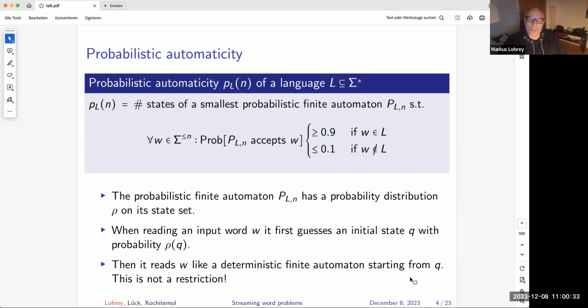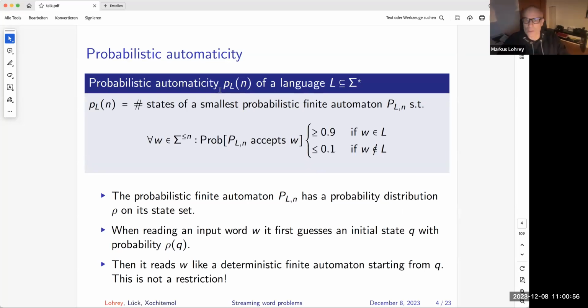And this is not a restriction. Usually, the definition of probabilistic automata allows them to also make random choices during reading the input. But we do not have this, and actually it is not a restriction. We can prove that the probabilistic automaticity doesn't change a lot, but I won't explain this in more detail.